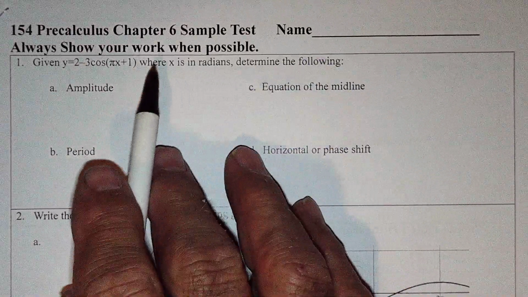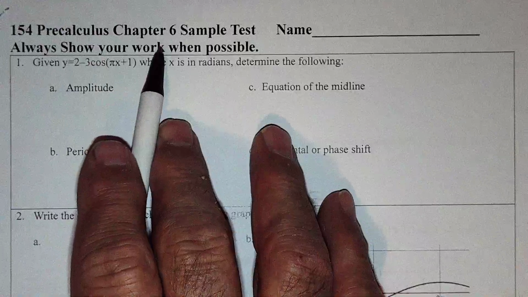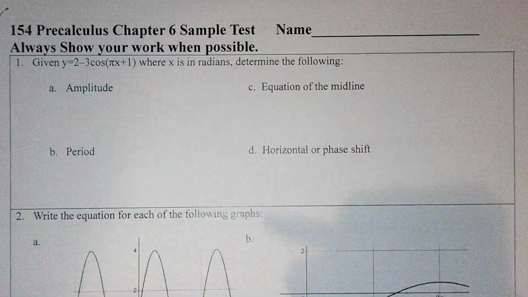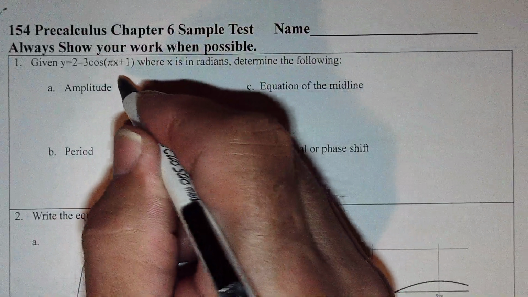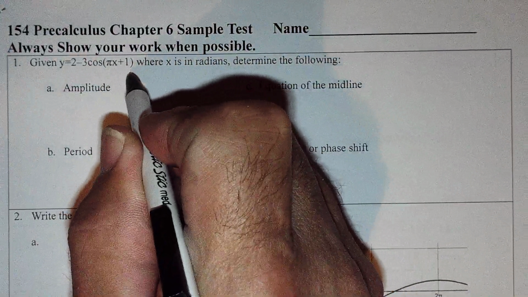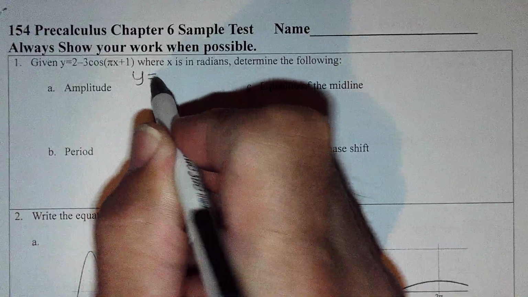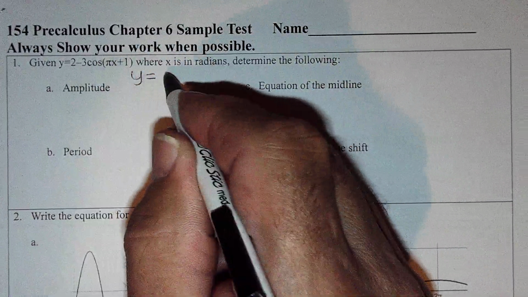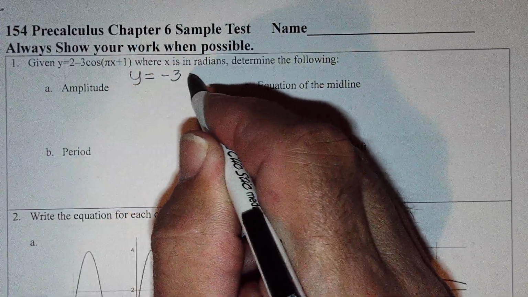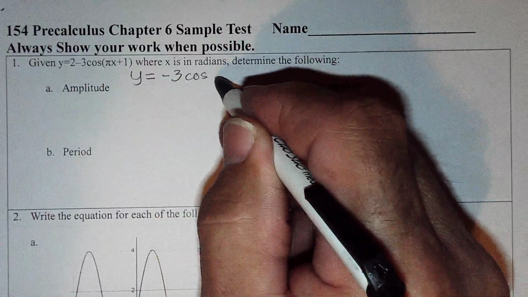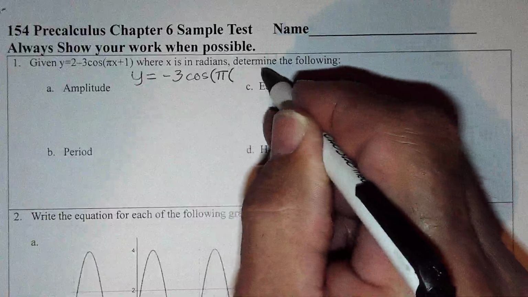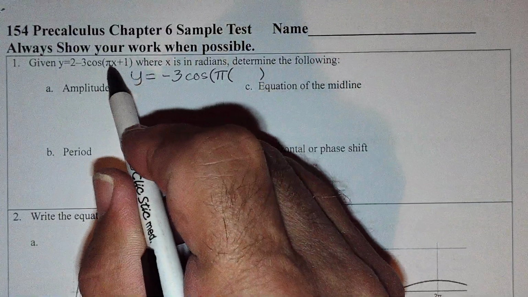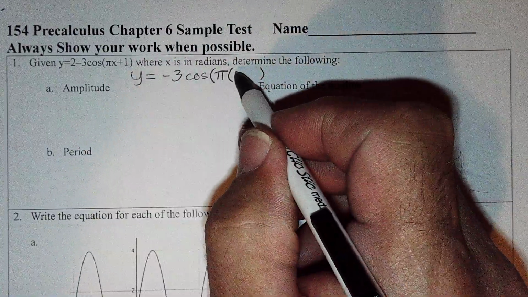All right, let's look over the sample test for precalculus on chapter 6. On this first equation, let's rewrite it here. It's y equals a minus 3 cosine of pi, and if we factor the pi out of these two, we get the phase shift.